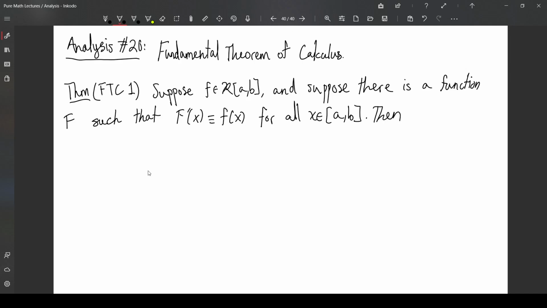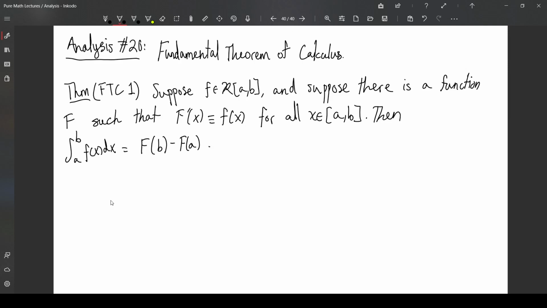Then what does this tell us? This tells us that the integral from a to b of little f of x dx is equal to capital F of b minus capital F of a.